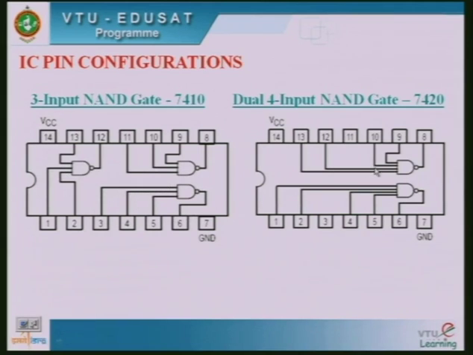Here the 4 inputs are there, 1 output is there. When the input pins are increased, if you want to build the 4 input, 1 output type of NAND gate, then only 2 such gates can be accommodated. Such a 7420 is shown here.